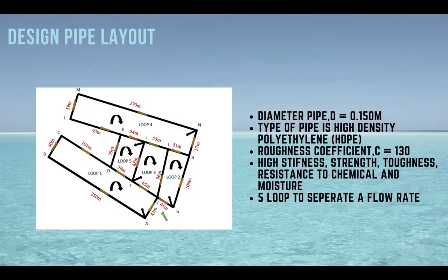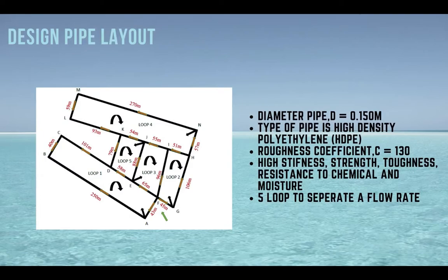So this is my first slide. Design part layout. Before we design the water reticulation, we need to know the design part layout. We need to assume what part layout we use. First, we need to assume a pipe diameter equal to 0.15 meter.